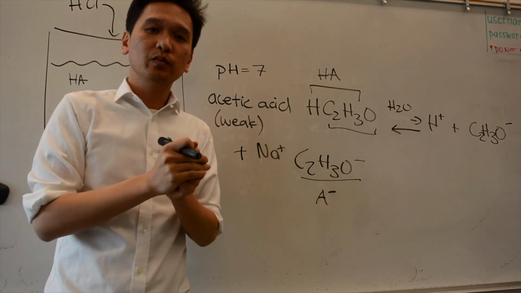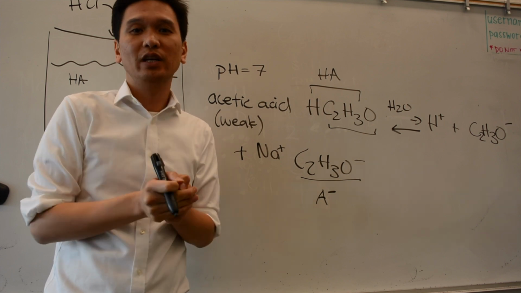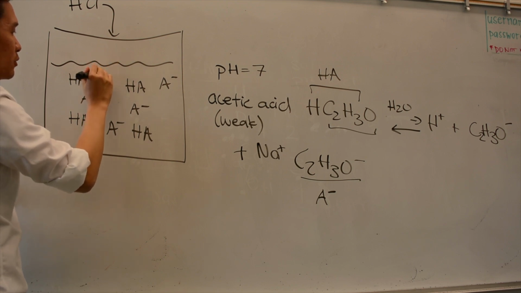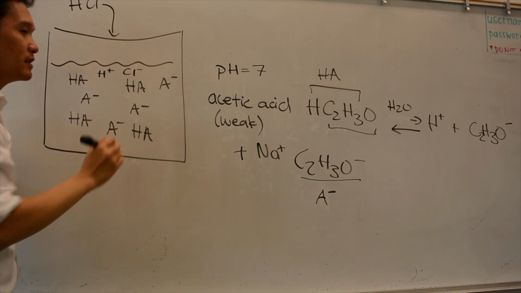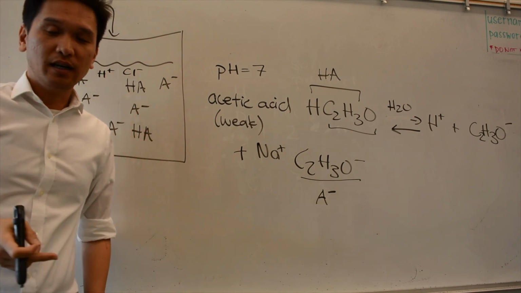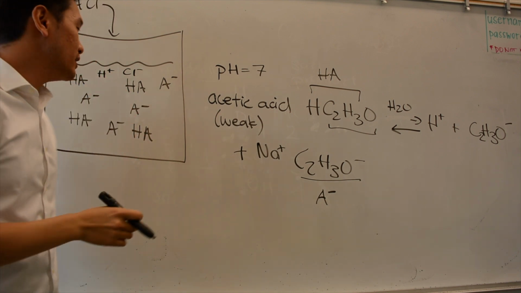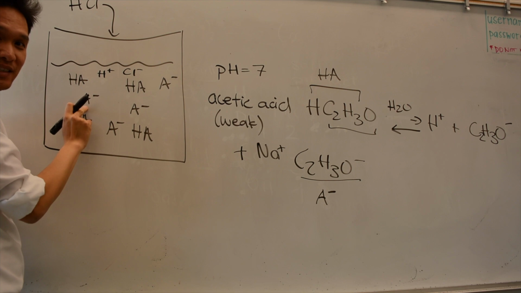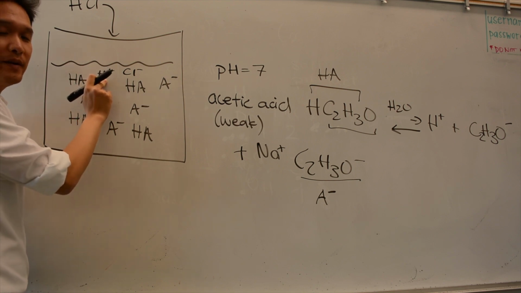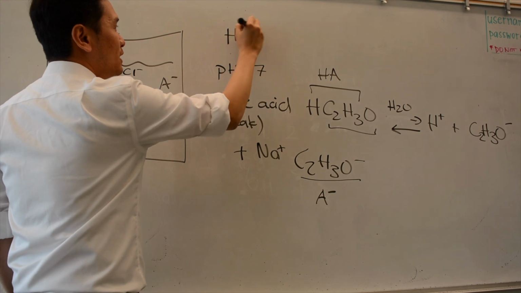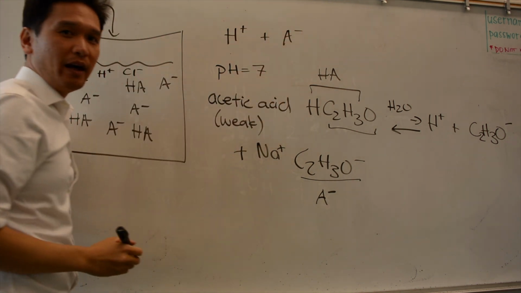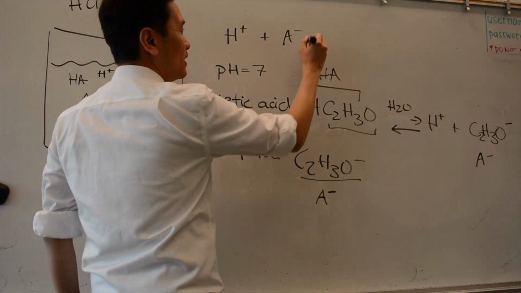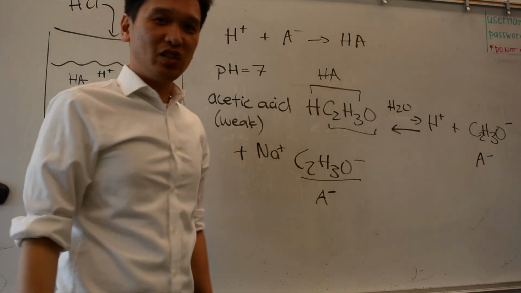Alright, now we are ready to put in our acid to see if it will resist the change in pH. If we add in this hydrogen chloride, the first thing it will do is break up into hydrogen plus and Cl minus, right? So you say, you did increase the concentration of hydronium. But remember that acid and base will react with each other? You have your conjugate base here and your acid here. So what will happen if H plus sees A minus? It forms HA, right?